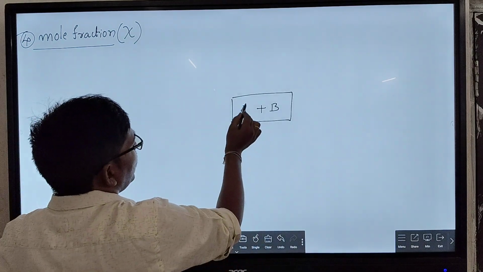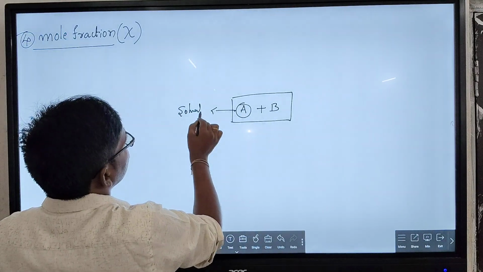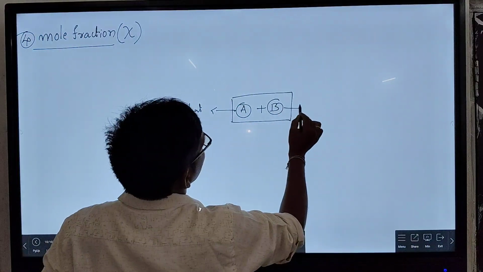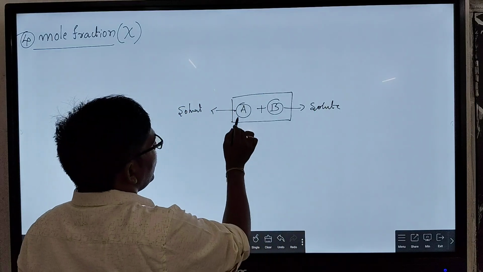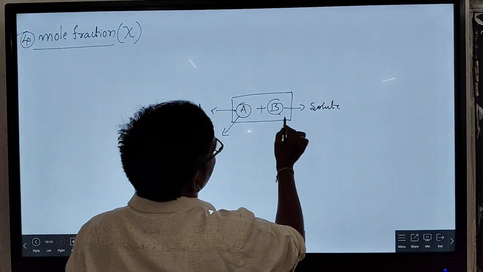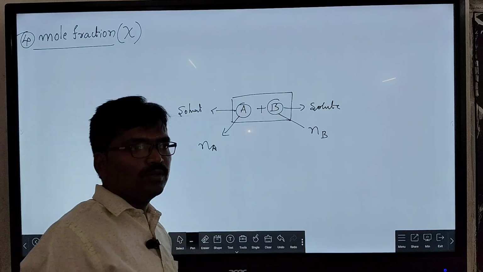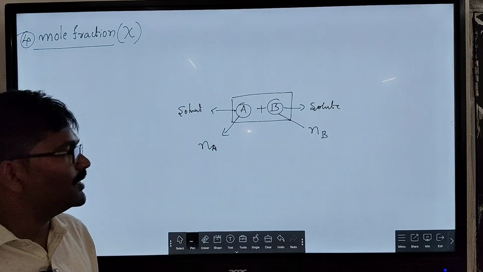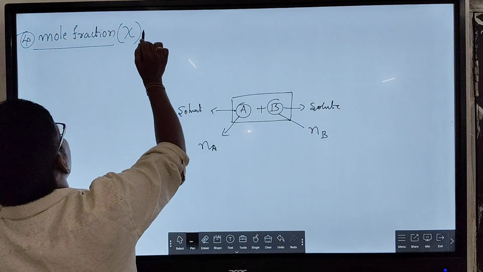Just assume A component is the solvent and B component is the solute. A component contains n_A number of moles, and B component contains n_B number of moles. Clear all of you? Right. So how can you define the mole fraction?